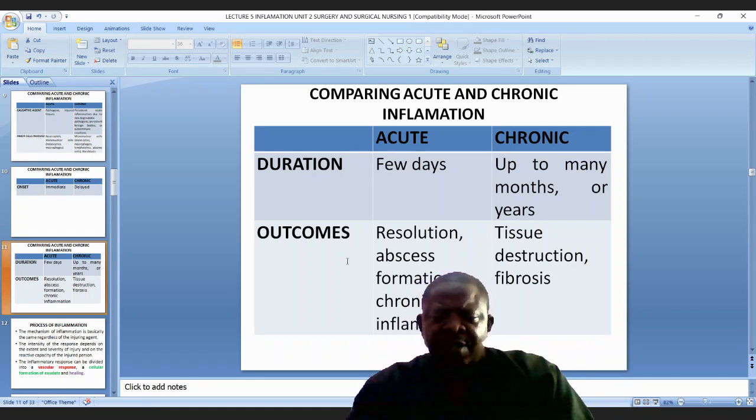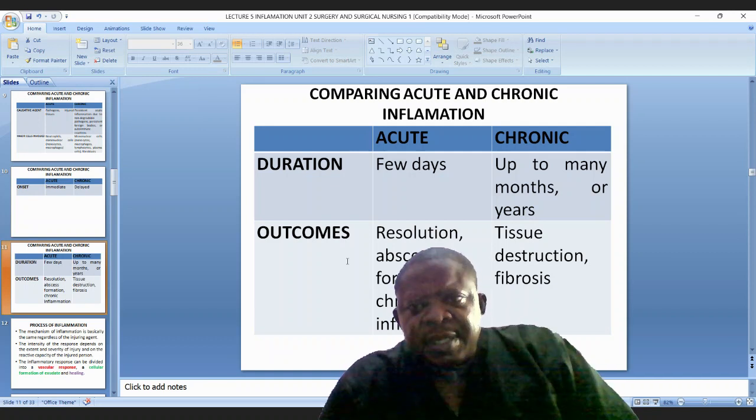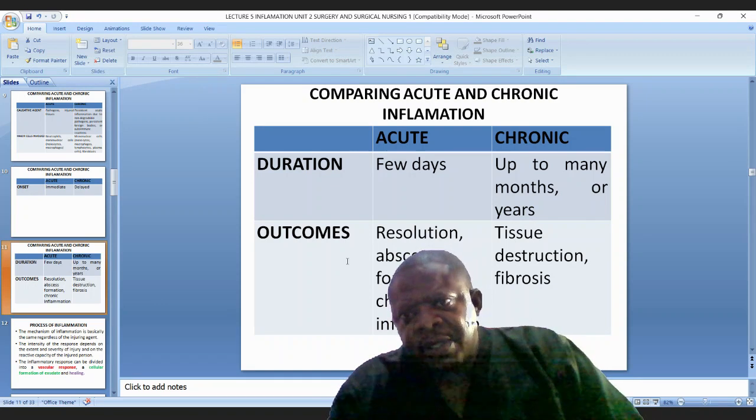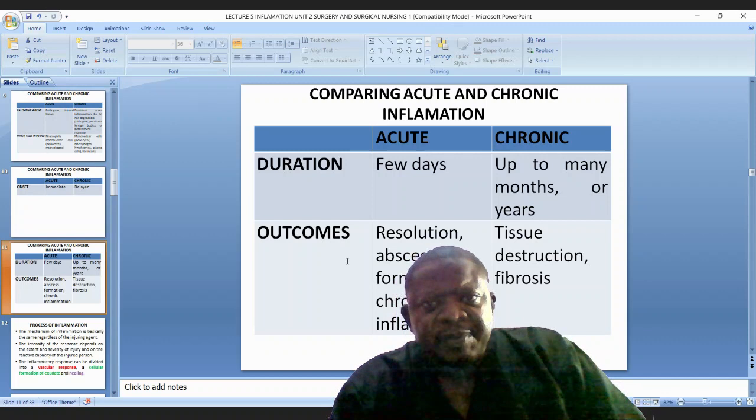So chronicity may come in as a complication to acute inflammation. Then, in terms of chronic inflammation outcome, there is tissue destruction and fibrosis. So the tissue becomes destroyed, becomes necrotized, and then there will be fibrosis.